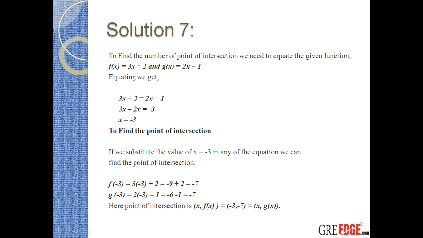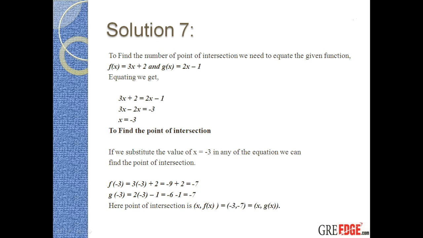Amna, actually, as long as the lines aren't parallel, they will meet at some point. See, if the equations were given like f of x is equal to 3x plus 2 and g of x is equal to 6x plus 4, then if you equate them, you will not get any solution because they are parallel lines.